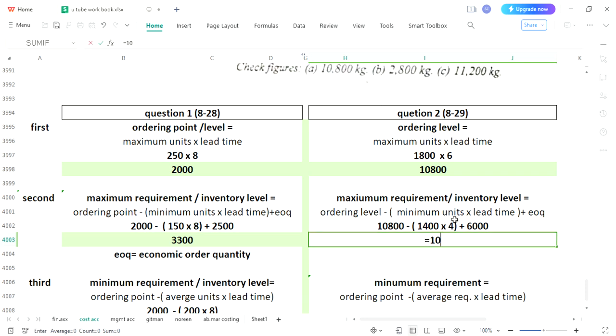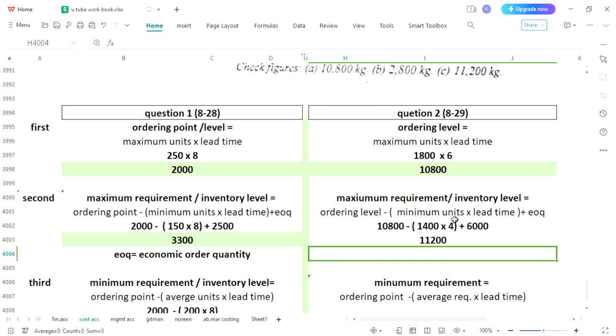First amount is 10,800, then minus, start your bracket, 1400, and would be multiplied by 4, close your bracket, then add 6,000. In the similar way, you will be able to write down these statements on your scientific calculator. Instead of solving step by step, just put everything at the same time.